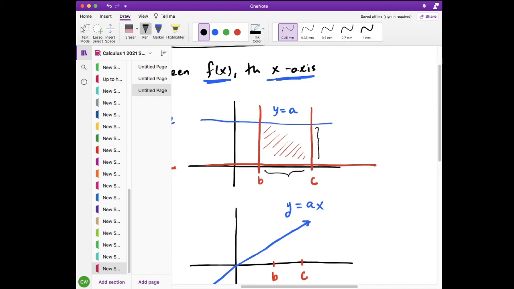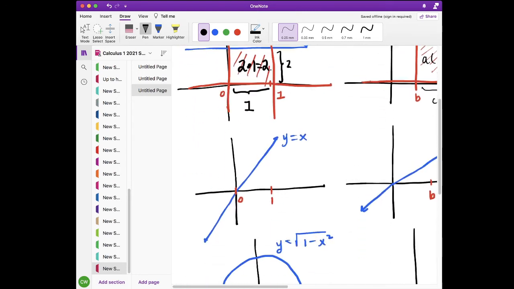Good, yeah. Since y equals a, this vertical length must be a, and this horizontal length is c minus b. So when you multiply, you get a times (c minus b) as the area. Okay, questions on that? Just the area of a rectangle? Okay.